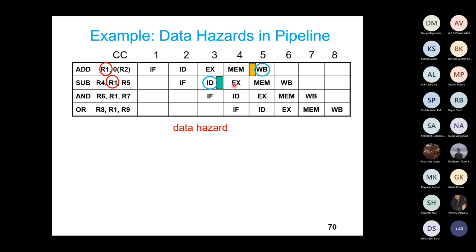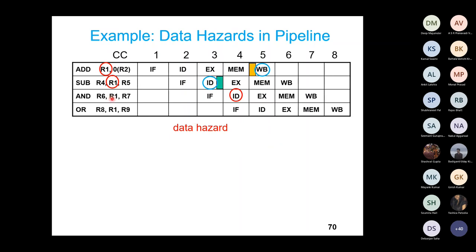The data is already available before I need it, but the required hardware is not there. So if I add some hardware to transfer the data stored here and make it available to the input of this execute stage, then the subtraction instruction can be executed without any stall. And this is what is called forwarding, right?